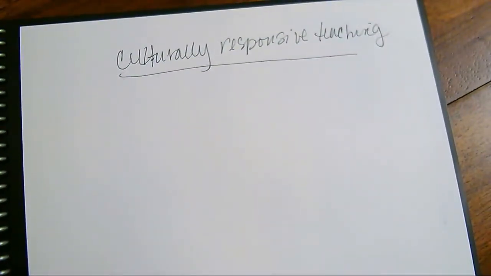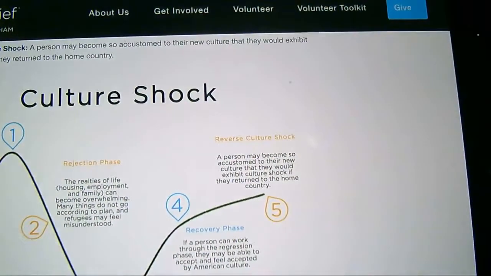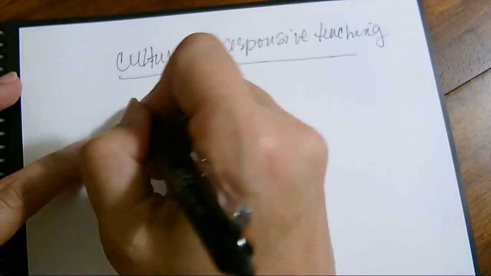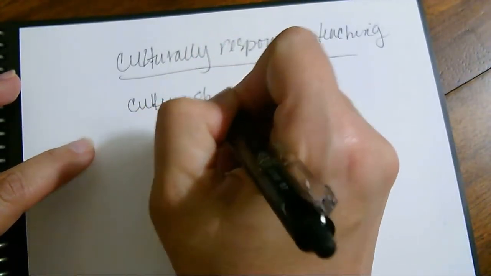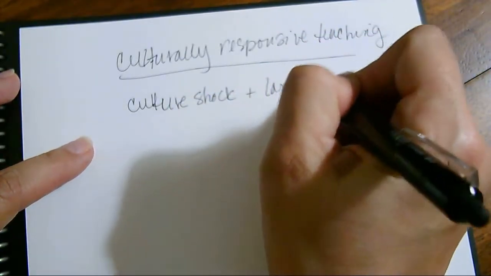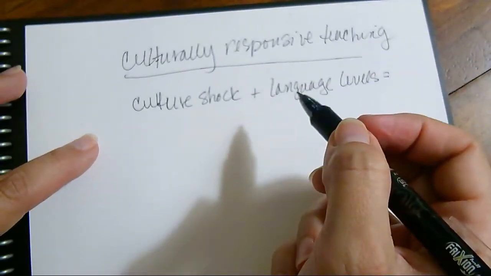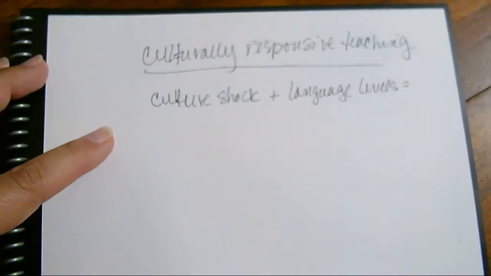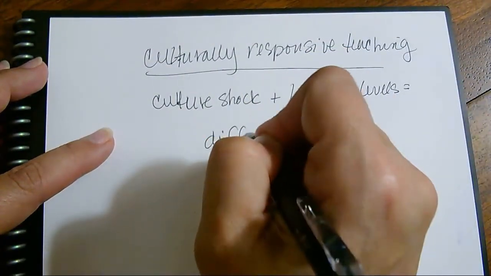Now, culturally responsive teaching takes into account culture shock and takes into account the different language levels. So we're going to say culture shock plus language levels equals, this is still a little blurry, isn't it? Equals differentiated teaching.